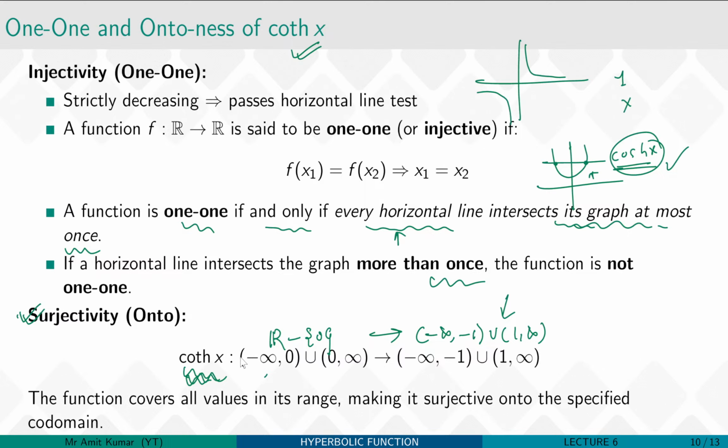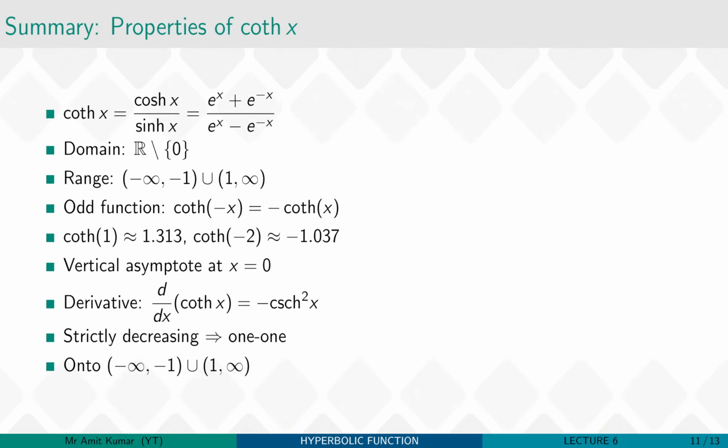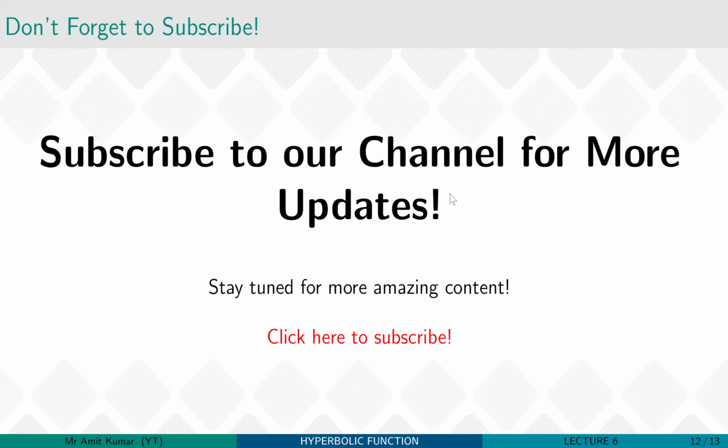So if you define the function like this, then on that interval the function is onto. Okay, this is all about the properties of coth hyperbolic x. These are the summaries. Okay, this is all about today's lecture.